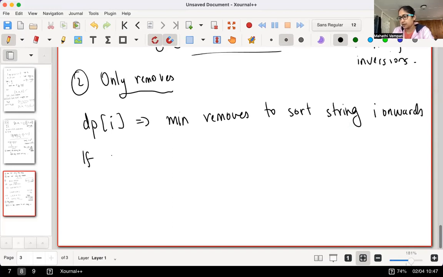So if the array of I is equal to 1, then dp of I is, if I choose to keep the 1, then I'm forcing everything else to be 1 as well. So I'll have to remove all the zeros. So num zeros after this, which I need to pre-compute.